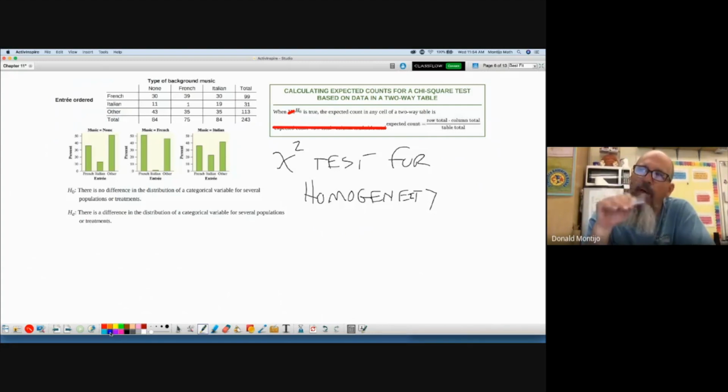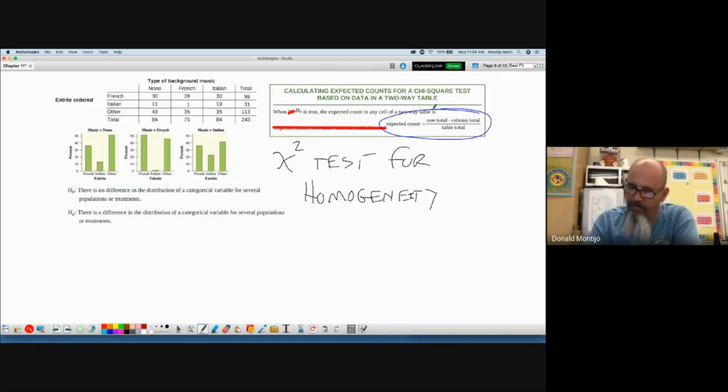Does it matter what music is played and what entree is ordered? So in any two-way table such as this, to find the expected count, we take the row total times the column total divided by the table total. So it's row total times column total divided by the table total. That's hard for me to say.